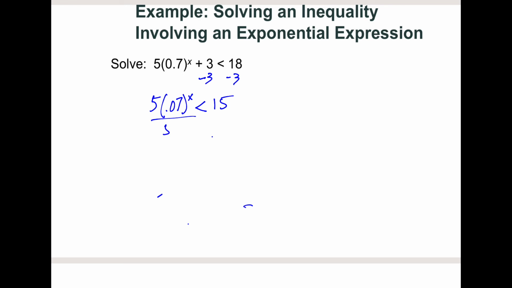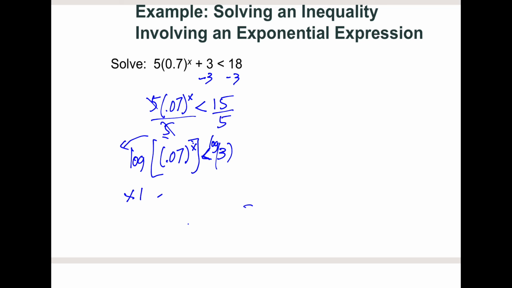And then let's get rid of that multiplication by 5, so I'll divide both sides by 5. 0.07 to the x is not equal to, but rather less than 3. And then let's go ahead and take the log of both sides. And that takes this x and can bring it out front.